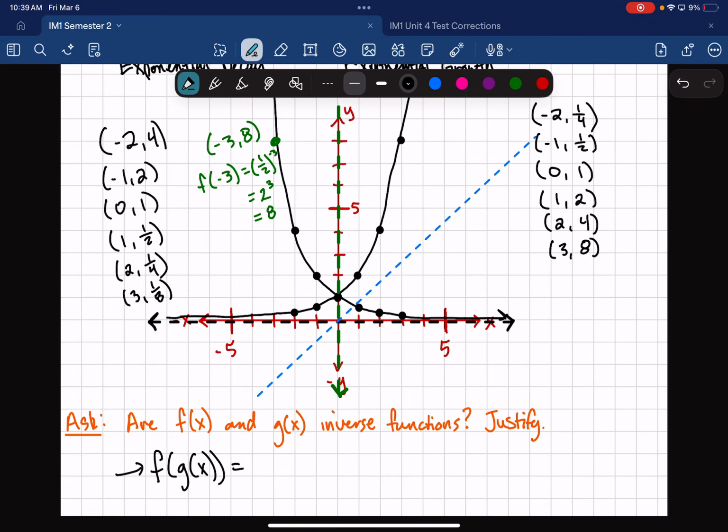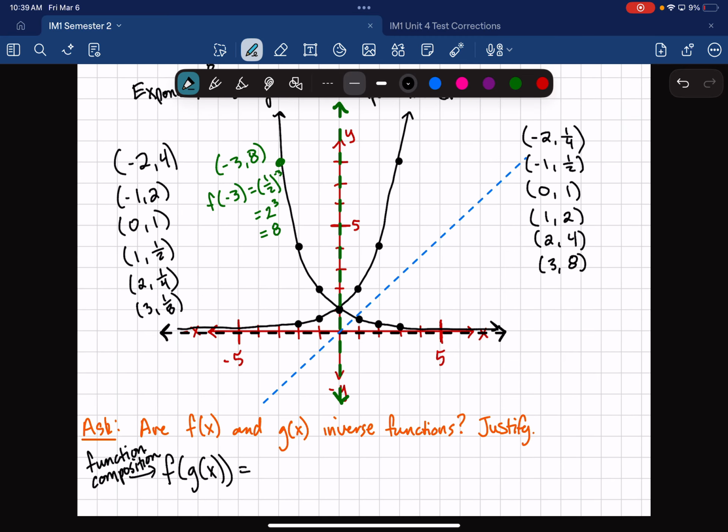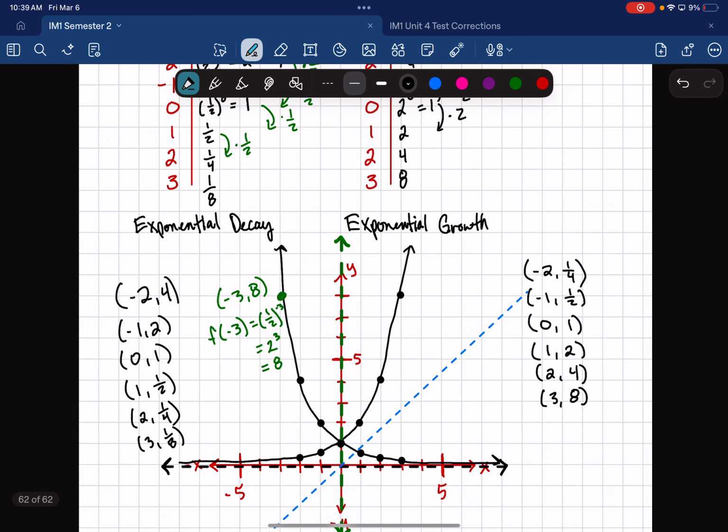The fancy word for this is called function composition. So I take one function and I plug it into the other. In this case, I'm plugging in g as the x value of my f.